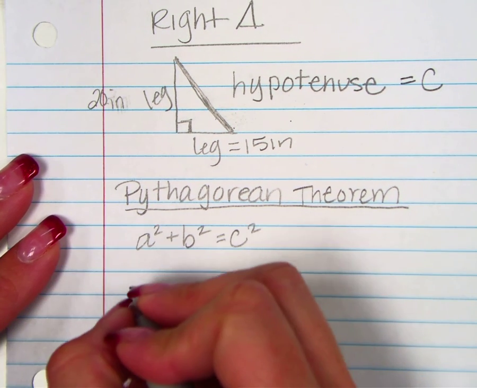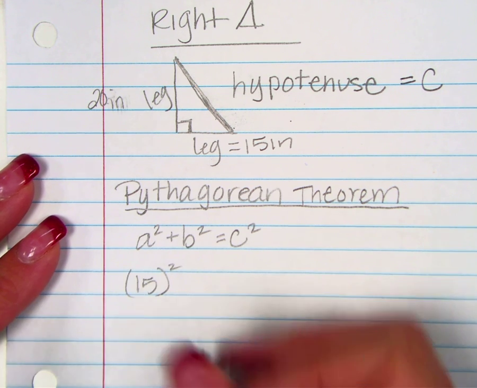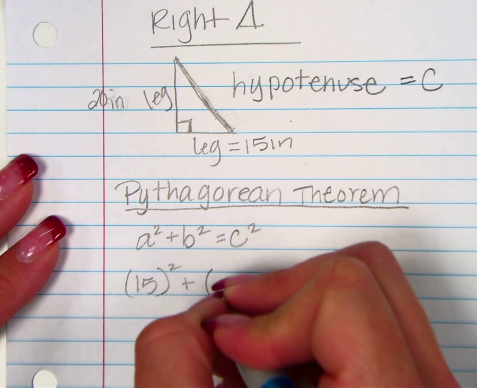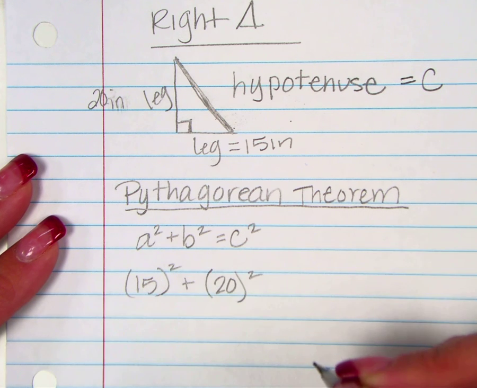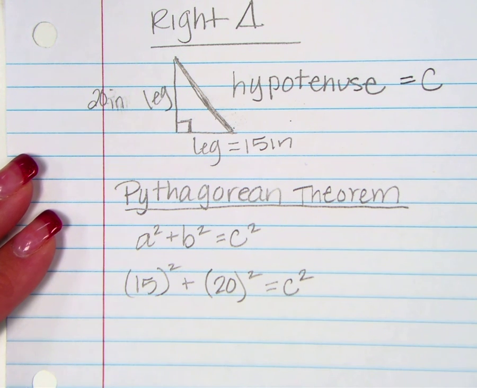So we're going to say that A is 15 squared plus our B, which is 20 squared, is equal to C squared.